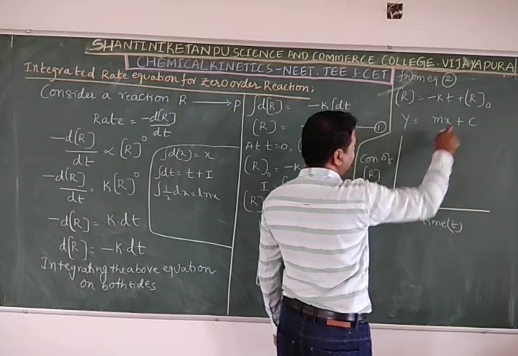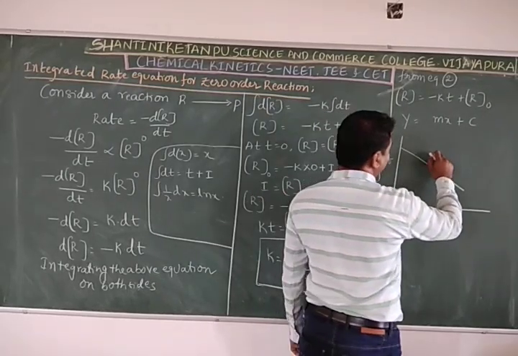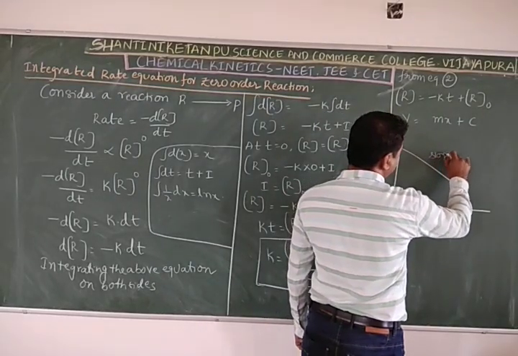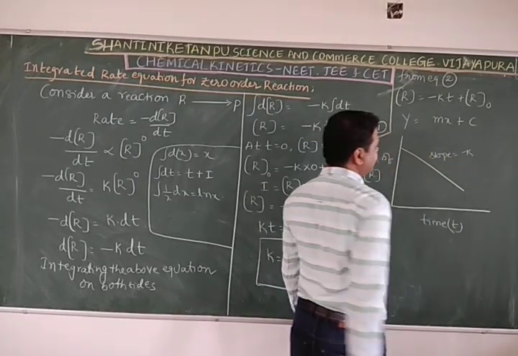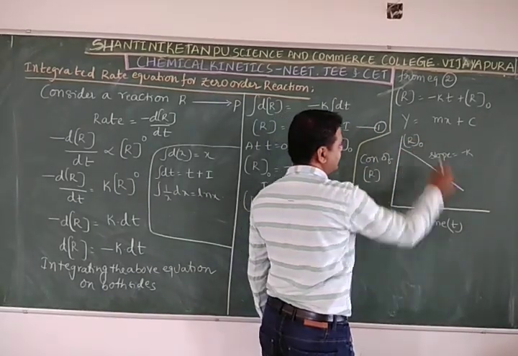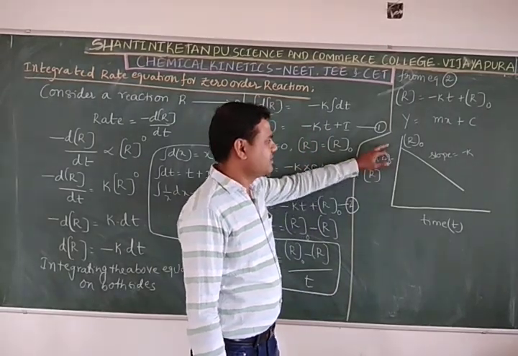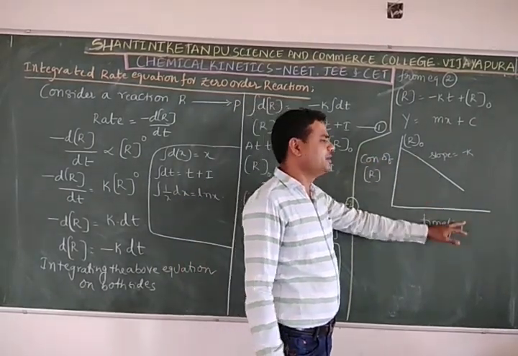So the slope is negative. The slope is minus k, which is negative, and the intercept of this graph is R naught.